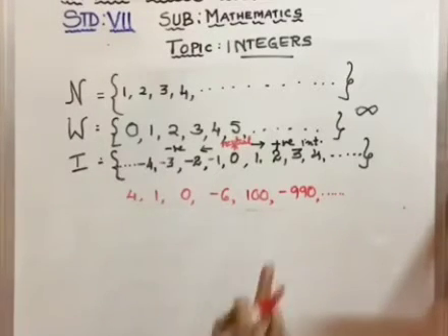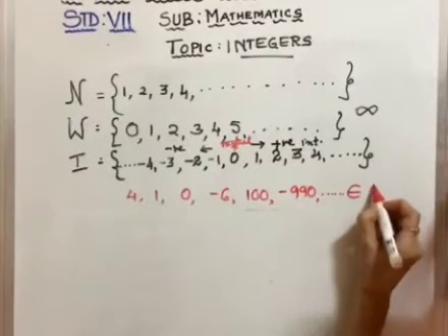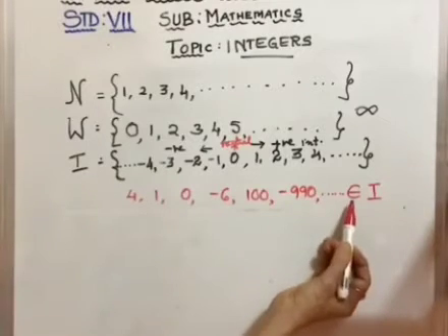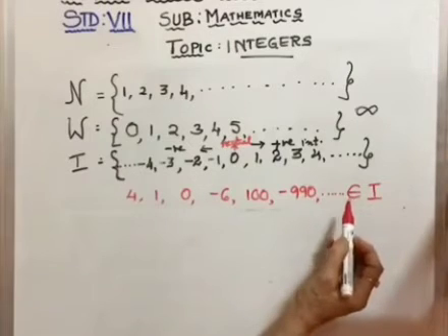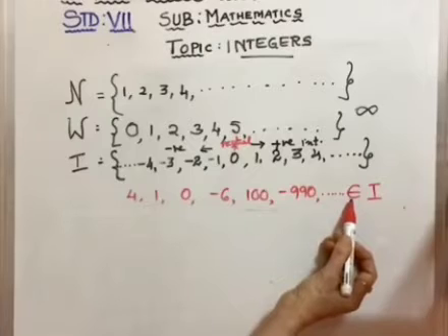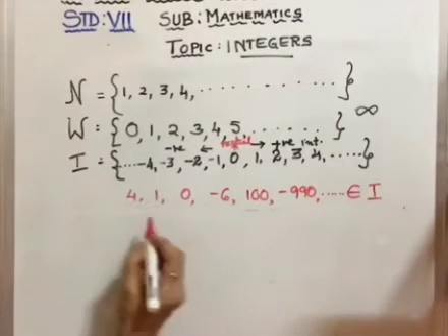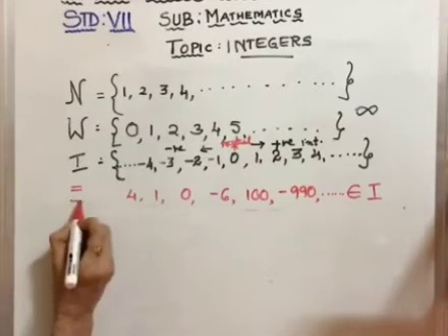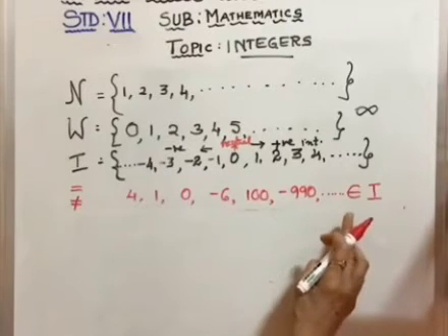Such numbers belong to the set of integers. Please look at this symbol. This symbol reads as belongs to. Just like we have equal to, not equal to, similarly we have one more symbol.